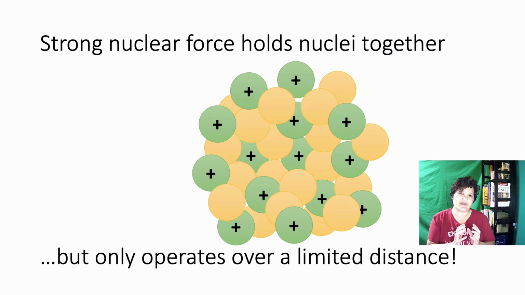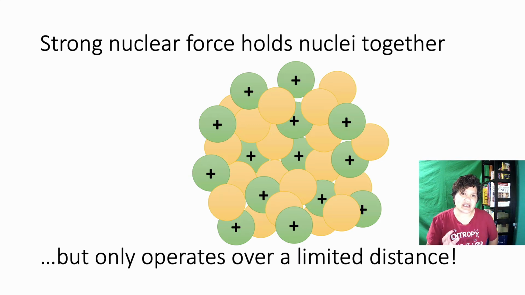You can hold some of them together, but not all. And what happens when your nucleus is too big to really hold together is that little bits of it start to break off. Not the entirety of the nucleus, but small pieces.